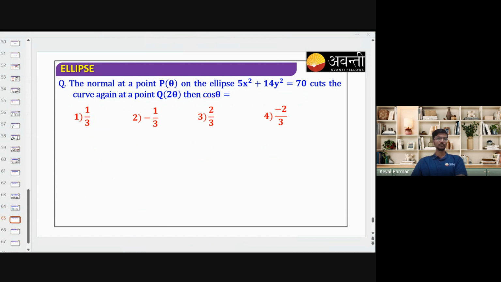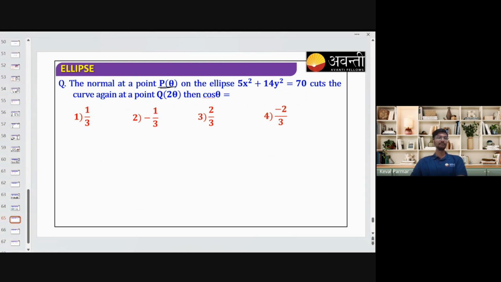Now, this is the question of normal. So, for that, I hope you remember what is the equation of normal. The normal at p theta.